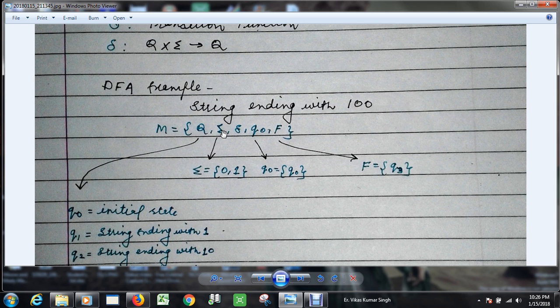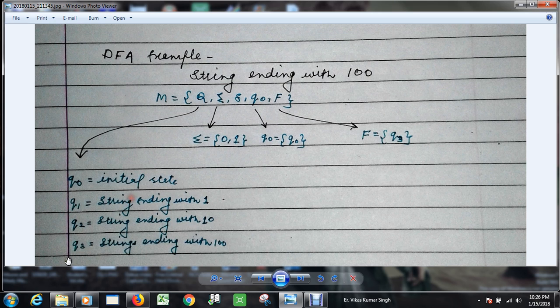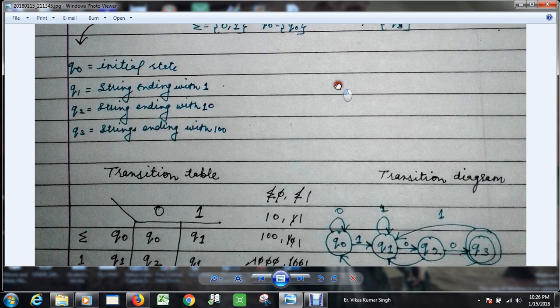Then the sigma value is 0 and 1, and we will find the transition table. Q0 is the initial state, and F is the final state Q3. Here you can see Q3 is the final state and Q0 is the initial state. Let's check creating the transition table.